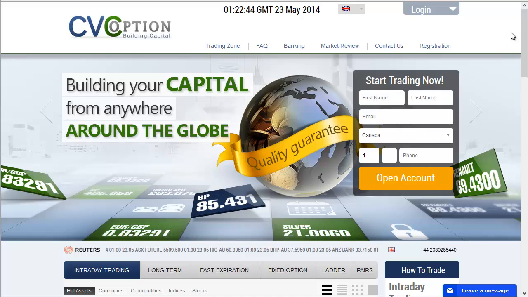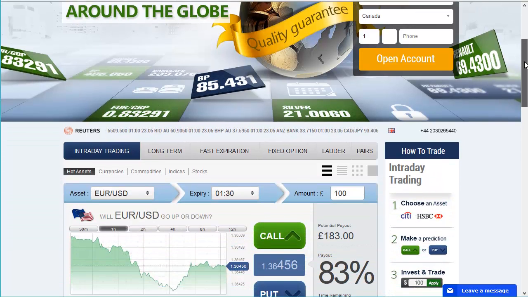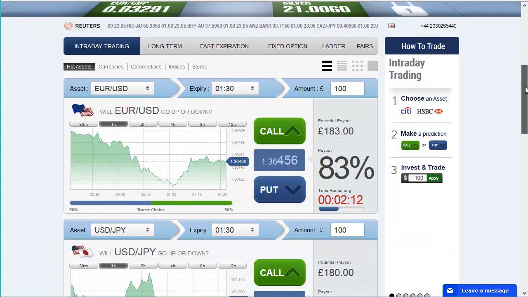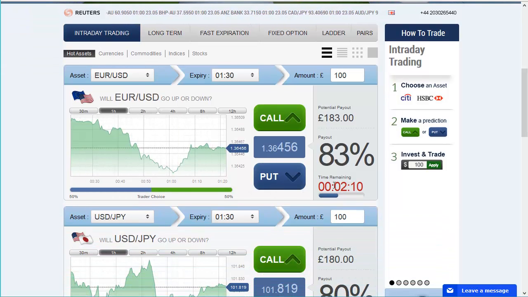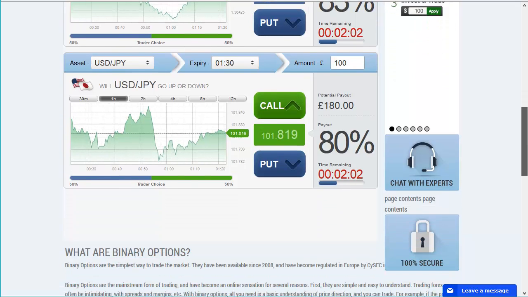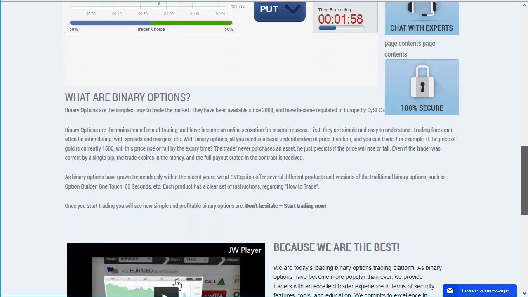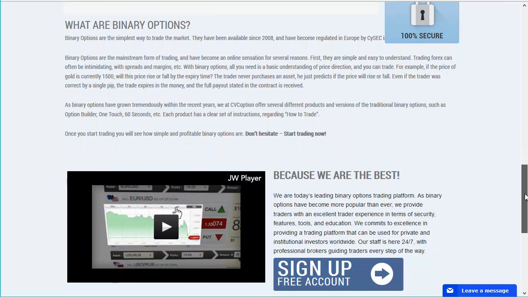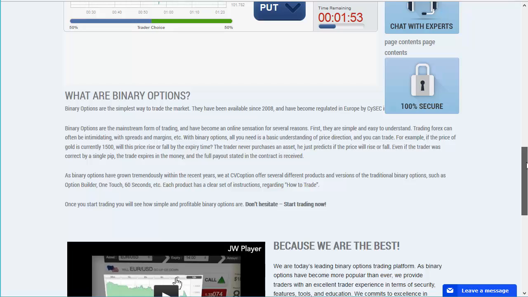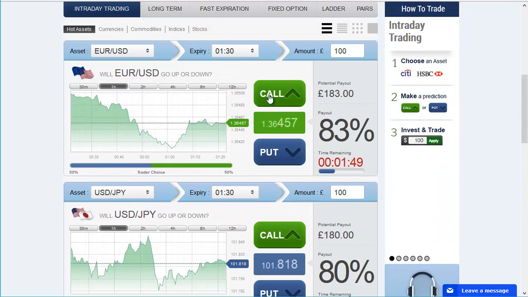Now, that being said, we'll take a look around the website, and you can see that they have some of the more common instruments to trade on the front page: euro dollar, dollar yen, etc. And then, of course, it'll tell you what particular type of positions you can take in the binary markets.